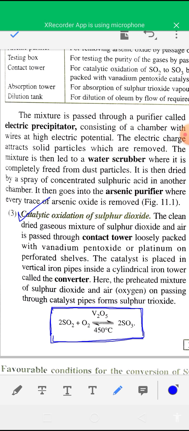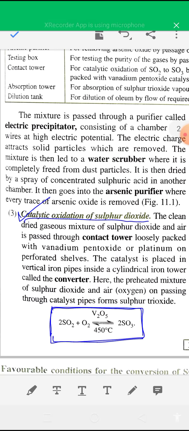The equation is 2SO2 plus O2, reversible arrow, 2SO3.